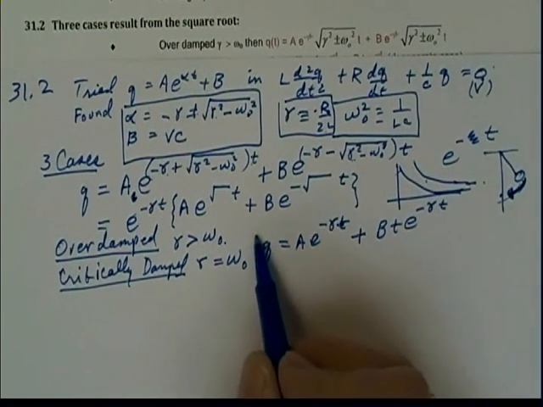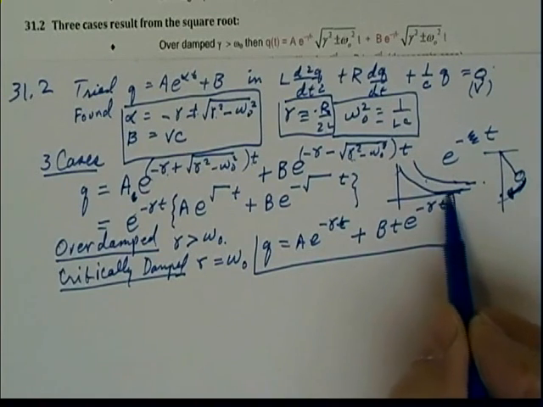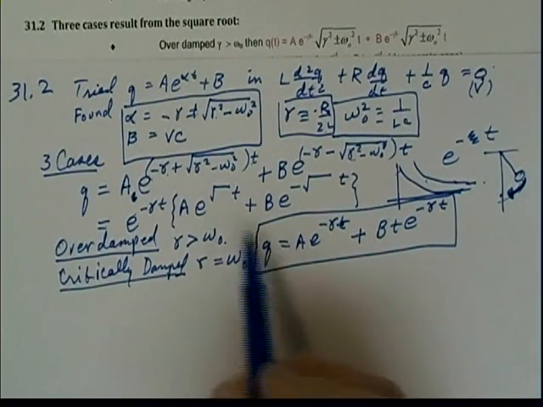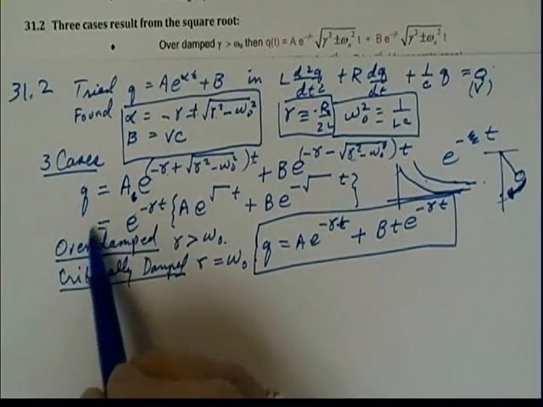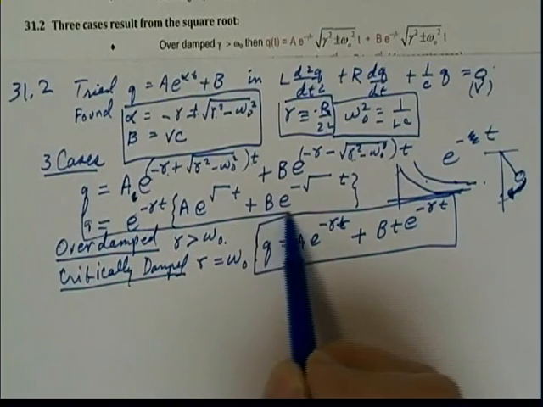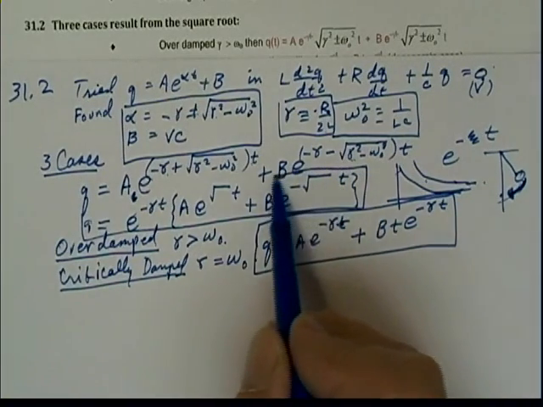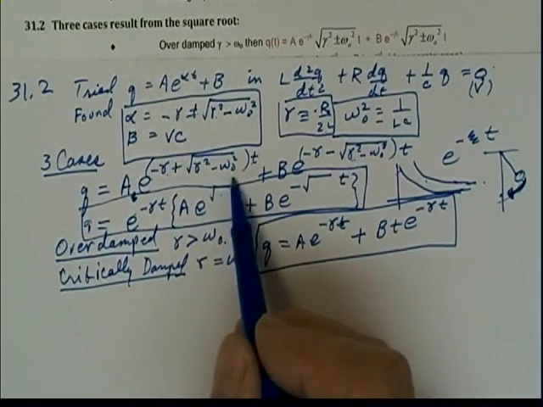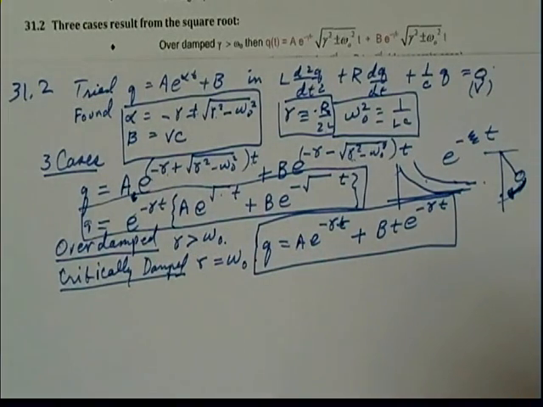So this will close. This is the solution that we have for critically damped. This is the solution we have for the overdamped. I should put a box around that, where that square root means square root of gamma squared minus omega naught squared.